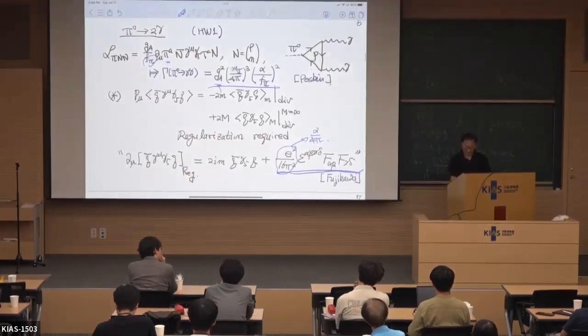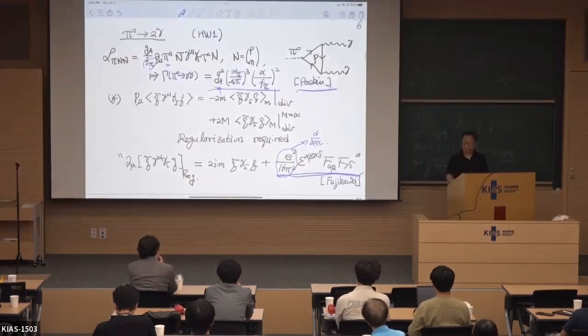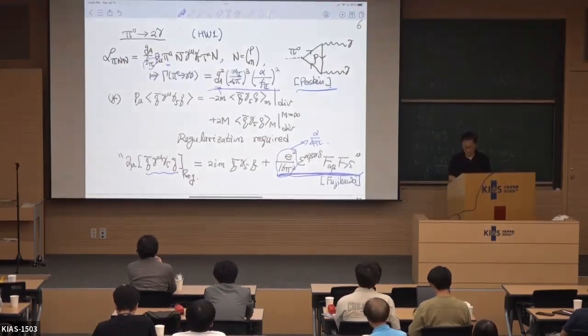The story is written in Peshkin, the QFT book, so you can go to this reference for the details. The thing we have to remember is that the axial vector current is not conserved. There is a non-vanishing contribution like this, called the F F dual term.